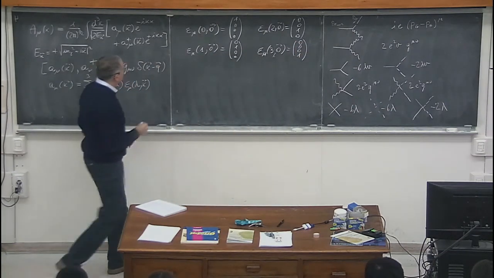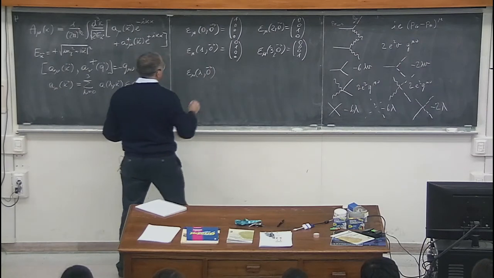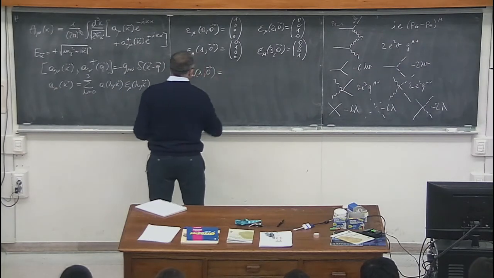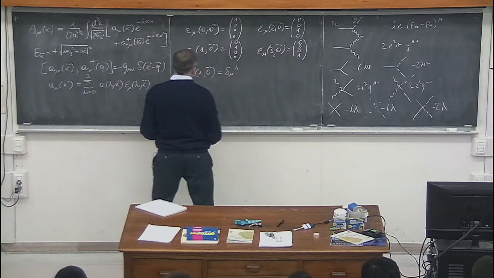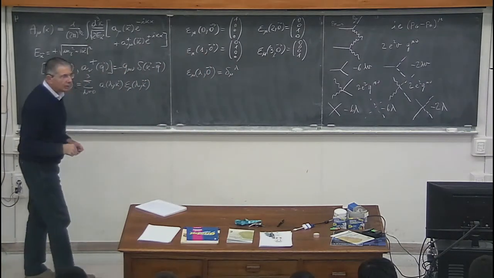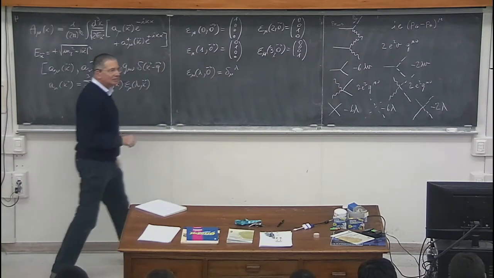Which means that epsilon mu of lambda in the rest frame is just equal to delta mu lambda, right? There's only one component which is non-zero.